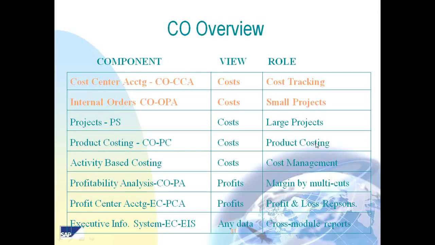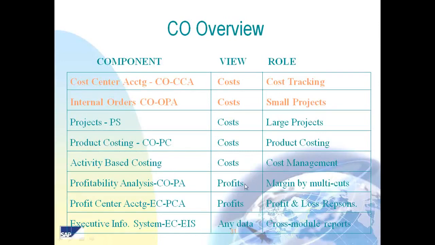So product costing, again, is about collected cost. There is also activity based costing, which collects the cost to maintain or monitor the overheads. Profitability analysis is also called COPA.